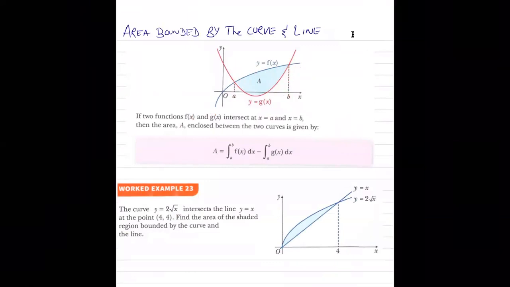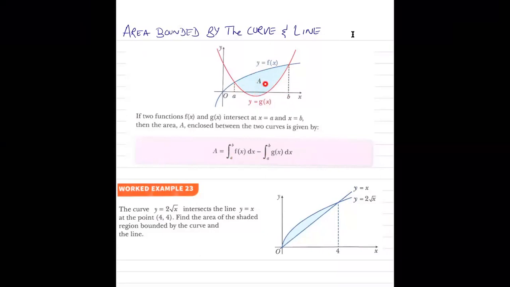To find the area enclosed between the two curves, what you can simply do is find the integral of the upper curve, that is integration of f of x from a to b, minus the integral of the lower curve, that is also going to have the same limits a and b. If you do this, you're going to get the area enclosed between the two curves.